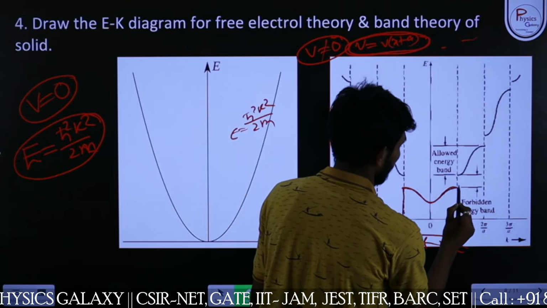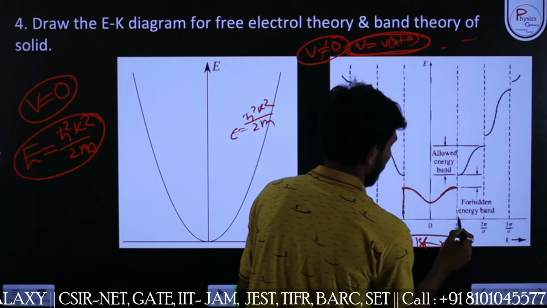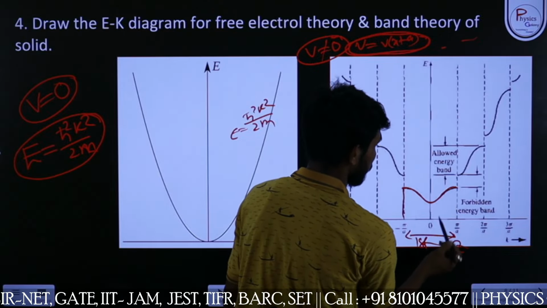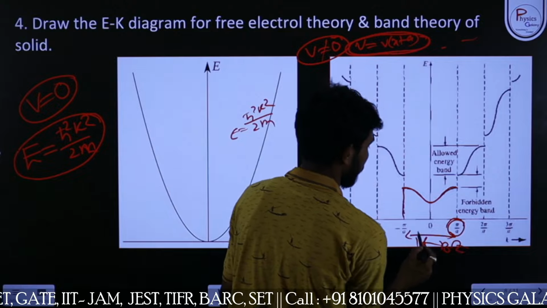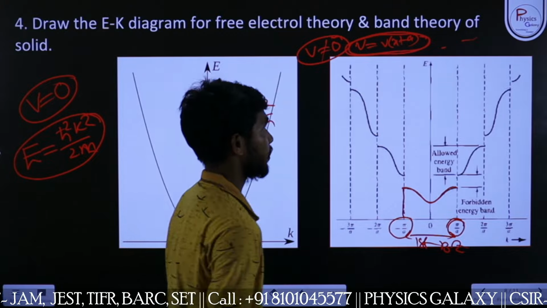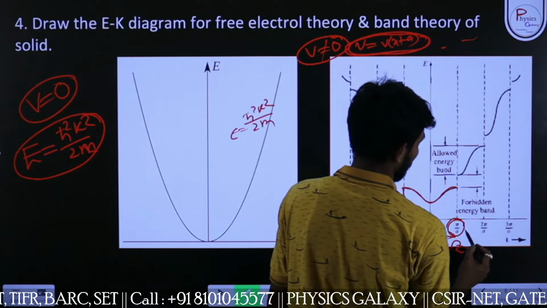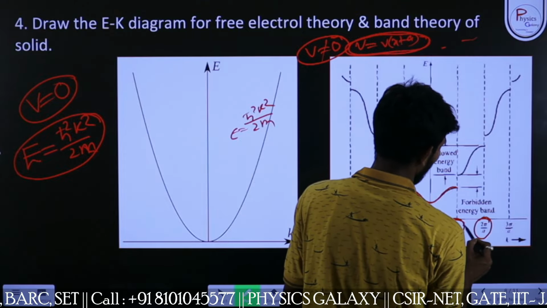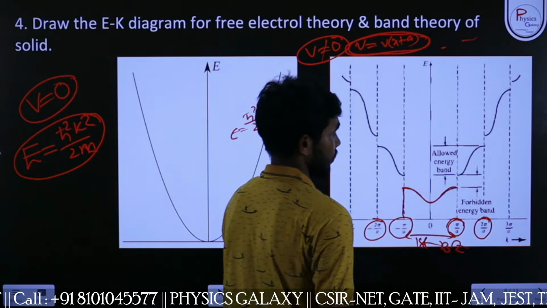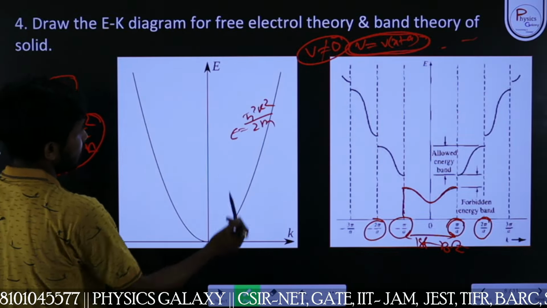This type of E-k diagram we get, and here the energy is discontinuous at pi by a and minus pi by a because of Bragg reflection, and likewise at 2 pi by a and minus 2 pi by a. So the energy levels are discrete here, whereas in free electron theory the energy levels are continuous.